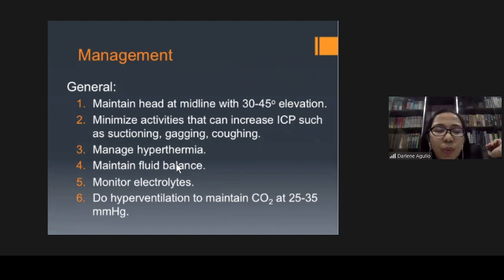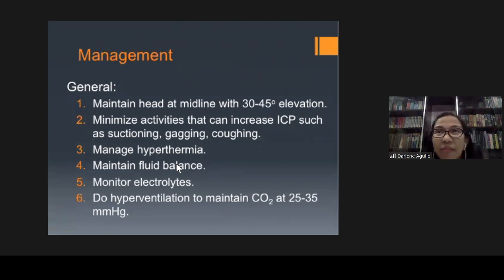Number two, minimize activities that can increase intracranial pressure, such as suctioning and gagging the patient. Number three, manage hyperthermia as it increases the metabolic needs of the brain. So manage the fever. Maintain fluid balance, monitor electrolytes.